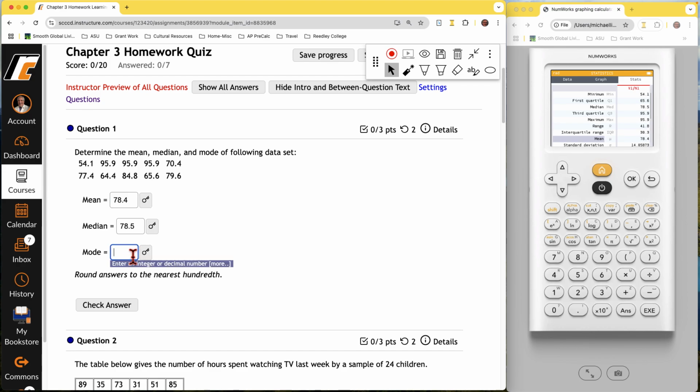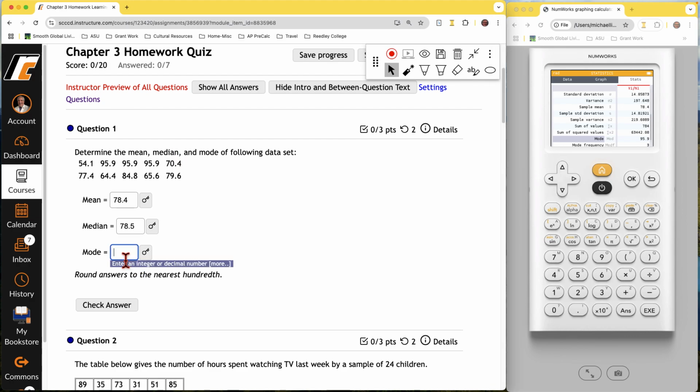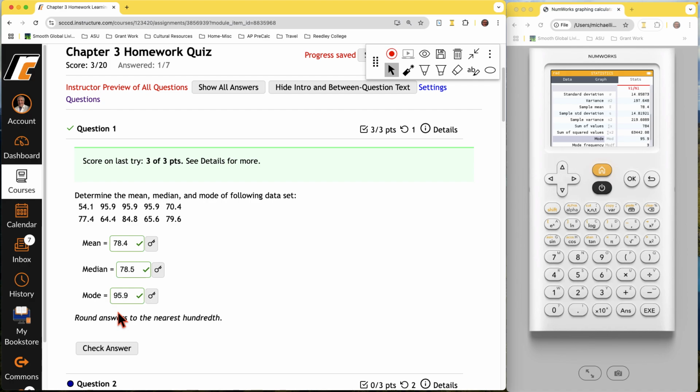And then the mode, it will give us that. There it is, 95.9. The thing that happened 3 times, I mean, that should have gotten us, but again, the software will handle it all. It organizes it for us and takes care of it. Okay, so know how to work with that feature of putting in the data and doing 1 variable statistics.